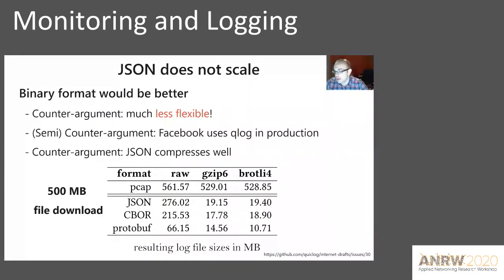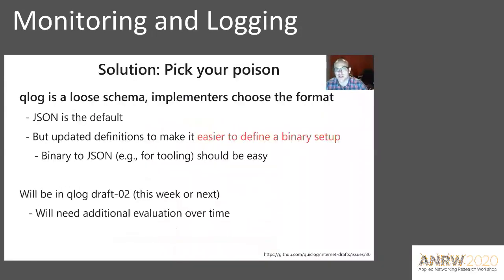Still, and this is what I like about the IETF and hate about it as well, people kept on giving pushback, really wanting that binary option for qlog as well. And so our current approach is to allow that too. So what we're doing is more decoupling the qlog events and the schema from the actual format.